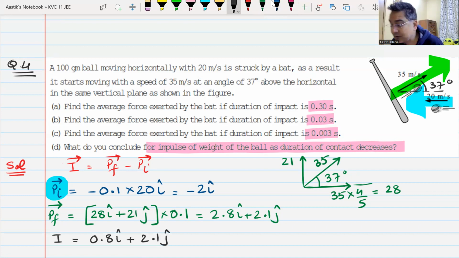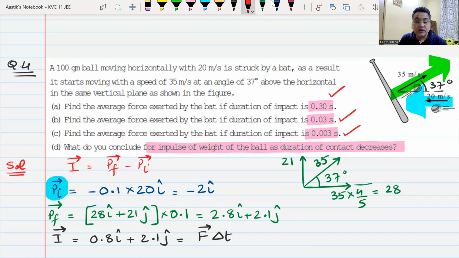Once I have the impulse, this impulse vector can be written as the force multiplied by the dt vector, and from there for different times you can find out the force exerted by the bat on the ball. The momentum is changed by the force imparted by the bat.